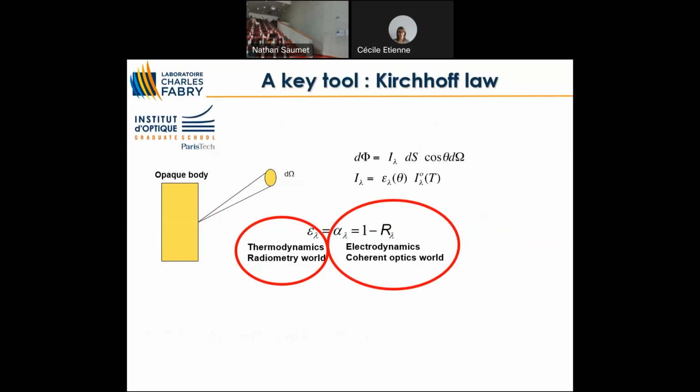Alpha is the absorptivity. So you have a material, and if you want to compute absorptivity, you send a plane wave on this material, and you can compute how much power is absorbed. You send a plane wave, this is fully coherent. So on the right side, you have coherent optics, on the left side, you have thermodynamics, and you have this equality. So this is not trivial at all. This is amazing.